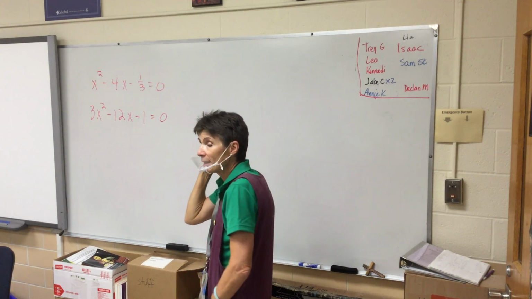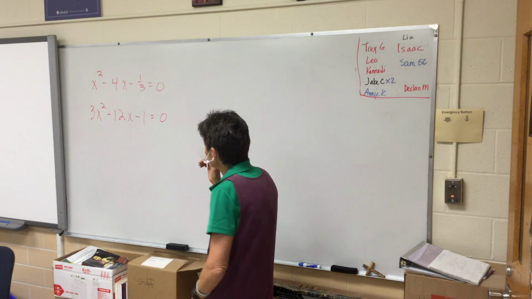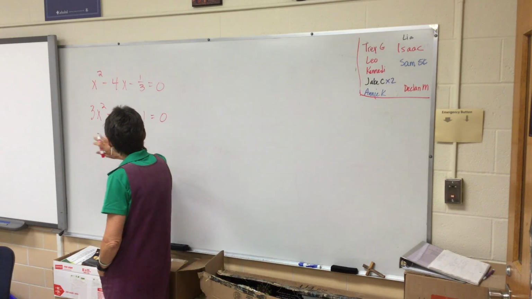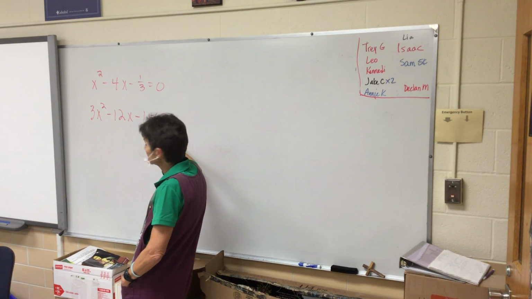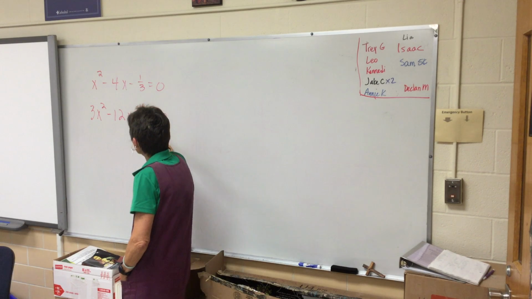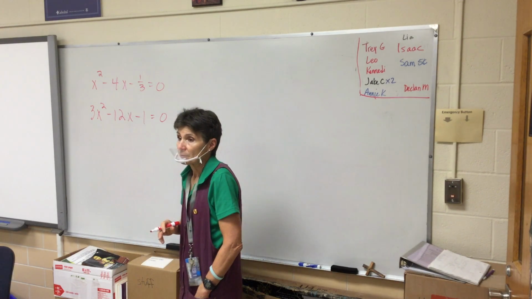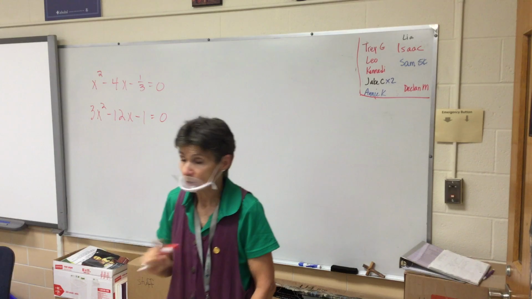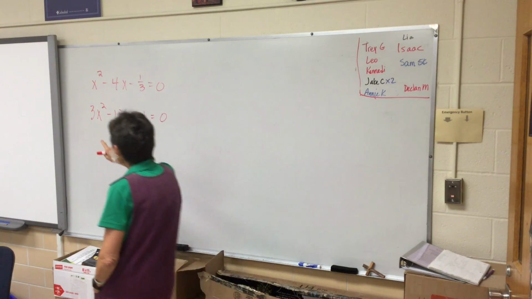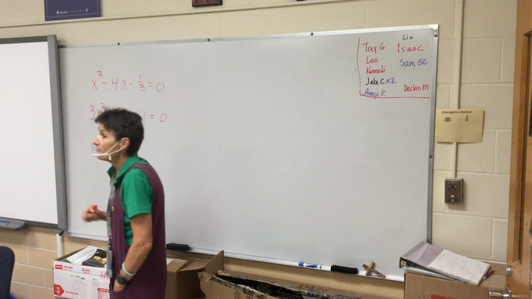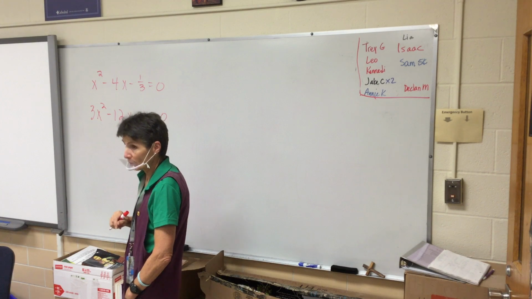If I multiply everything in the whole equation by 3, including the 0, which just stays 0, I would no longer have a fraction. Now, I would no longer want to complete the square because I can't do it when there's a number out here, but I certainly could do the quadratic formula.